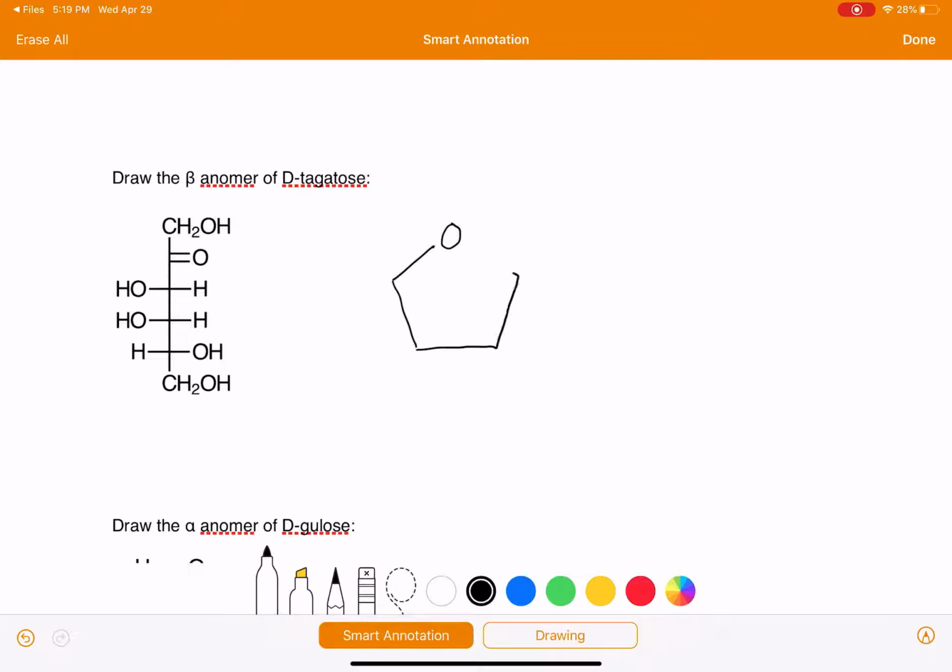Here is the generic structure of the ketose with the CH2OH in the left-hand corner. 6, 5, 4, 3, 2. And remember, with ketoses, we don't immediately know where carbon number 1 might be located. So this is what we're starting with. The instructions tell us we're drawing the beta anomer, so that means at the anomeric carbon, our OH group needs to be up in the sky.